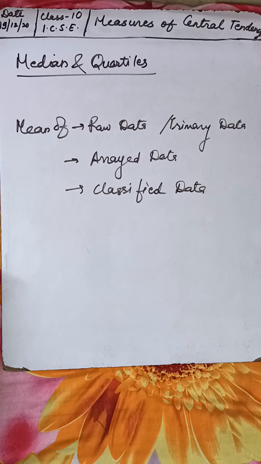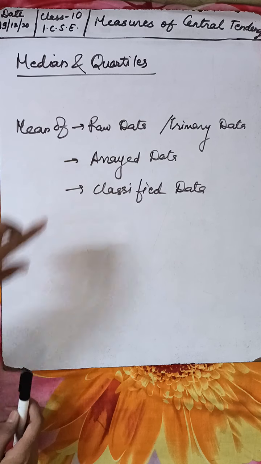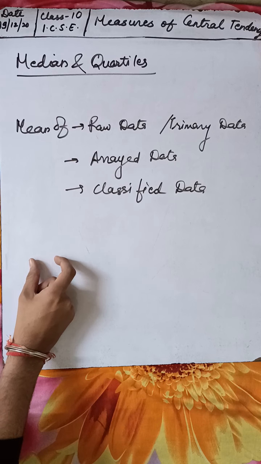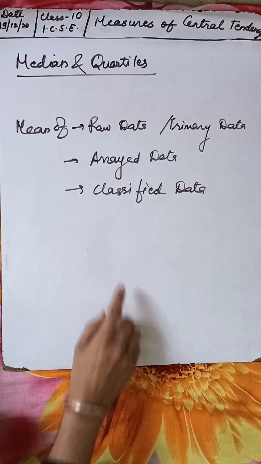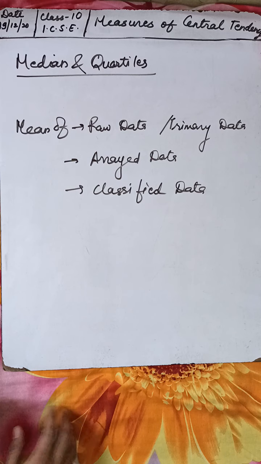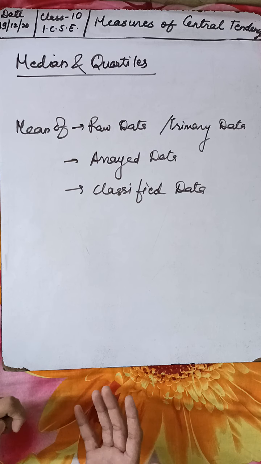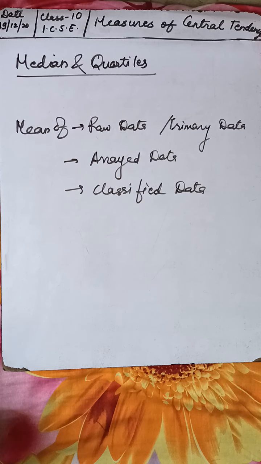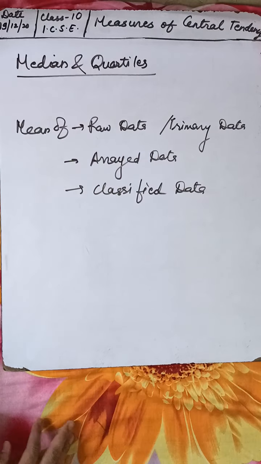For the raw data, we do sum of observations upon number of observations. For the arrayed data, we first multiply f with x to get fx, and then summation of fx upon summation of f. And for the classified data, first of all we make the class marks, and then we multiply, and then use either the shortcut method or the step deviation method. So you should differentiate between primary data, arrayed data, and classified data.